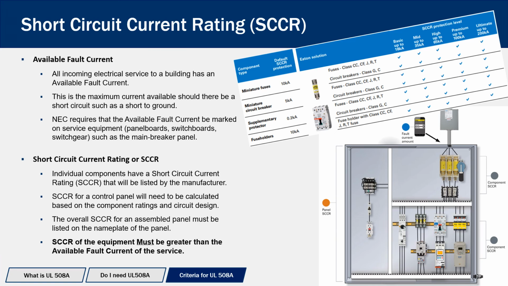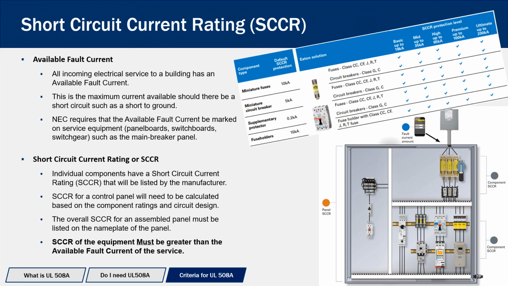So if we have a panel that's rated for 10 kA, and we have an available fault current at the service to that panel of 18 kA, that panel is never going to pass inspection. It's not going to be able to be installed in that application.